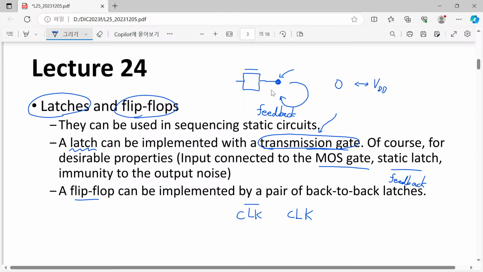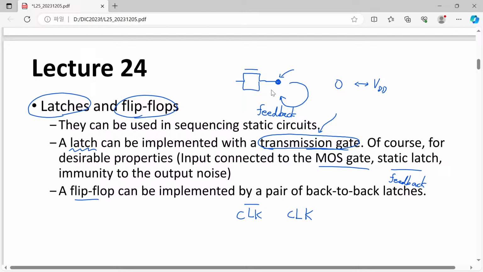That is called dynamic. And if you provide this feedback loop, then even though there is certain leakage, the state variable will be kept safely. That is the meaning of static.